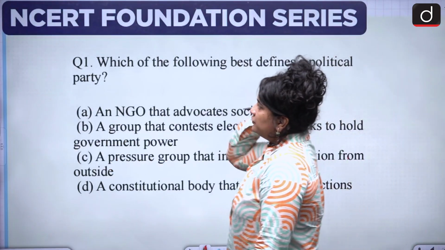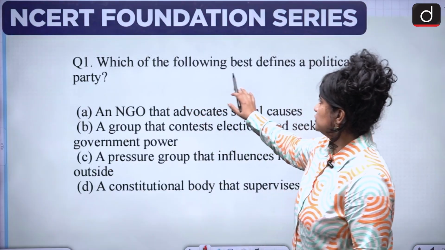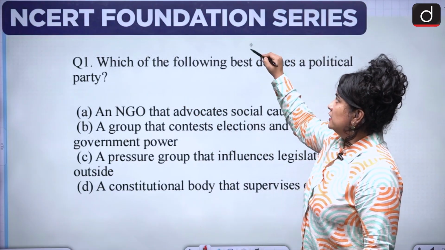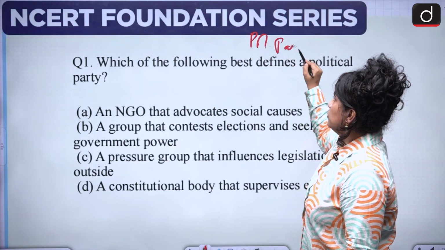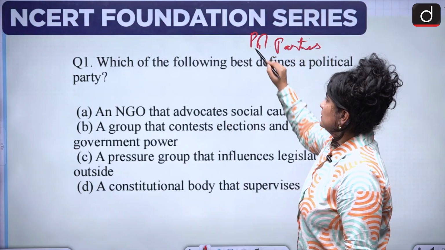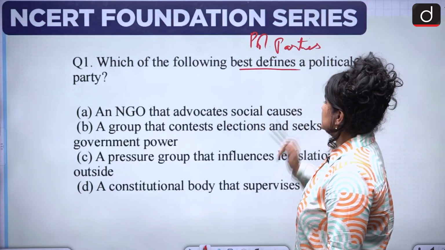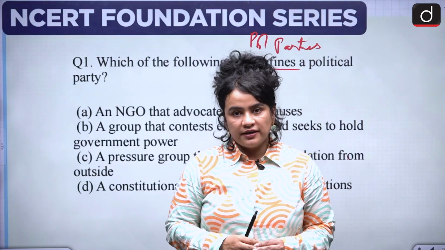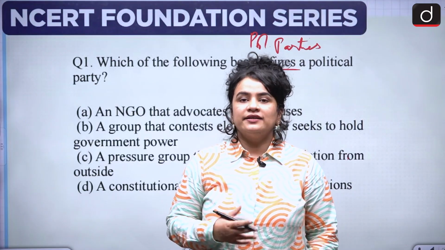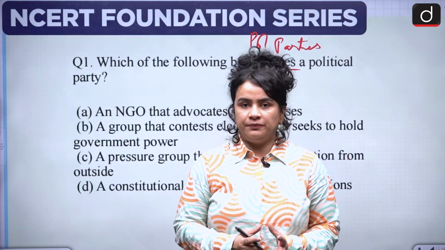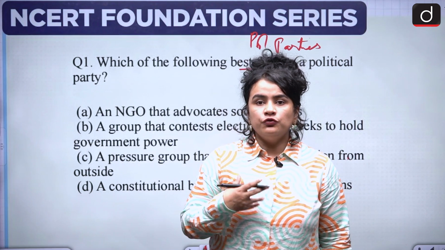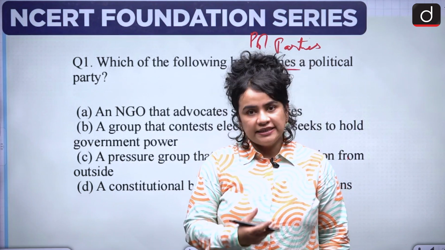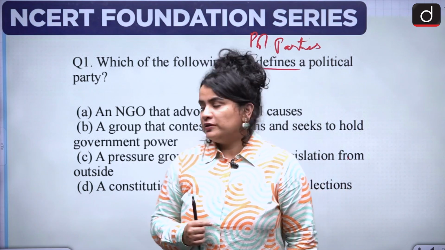Let's discuss the first question for today's session, which is based on political parties. Which of the following best defines a political party? Now, in simple terms, if we try and understand what political parties are, they are basically a group of people who come together to form a government, to contest elections and then run a government, all right?